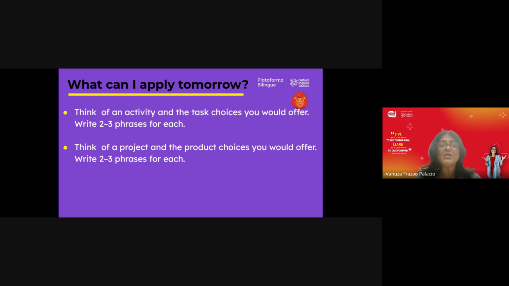Think of a project and the product choices you would offer your students. So you may have a project in a specific group next week. What kind of product choices would you offer?